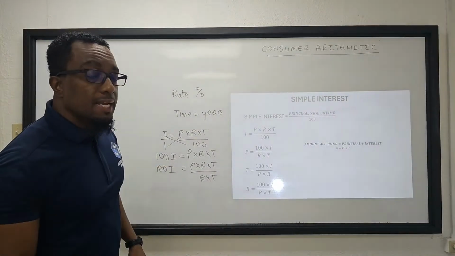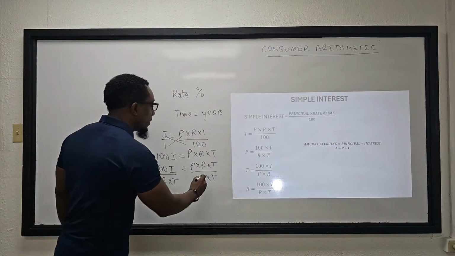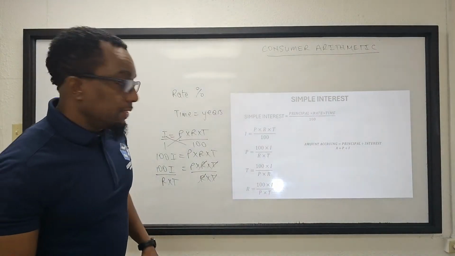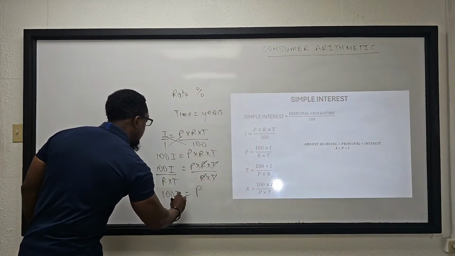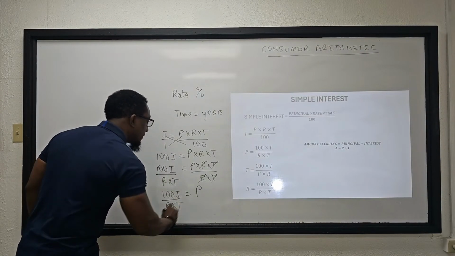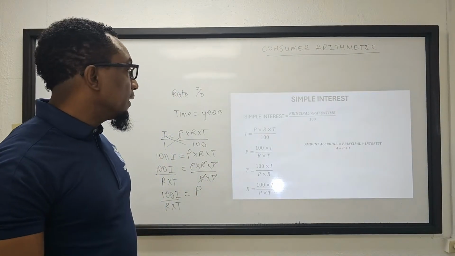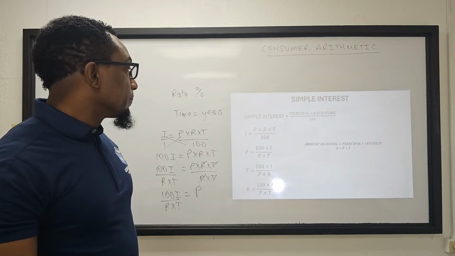So that will be 100 times the interest over the rate by time. My rate cancels, time cancels, principal stands alone. So principal is equal to 100 times I over the rate times the time.